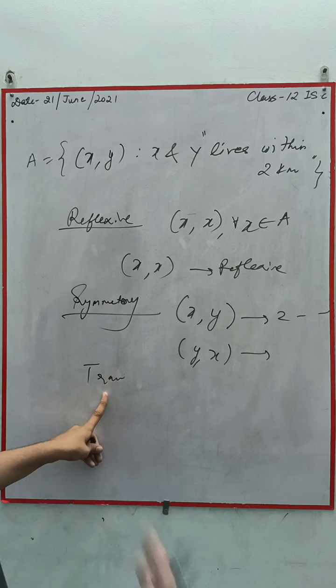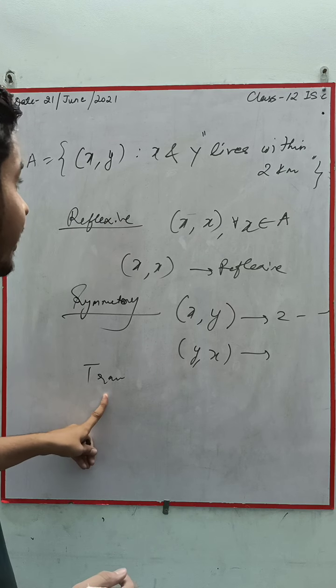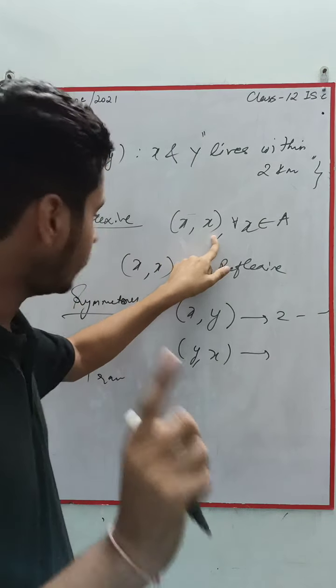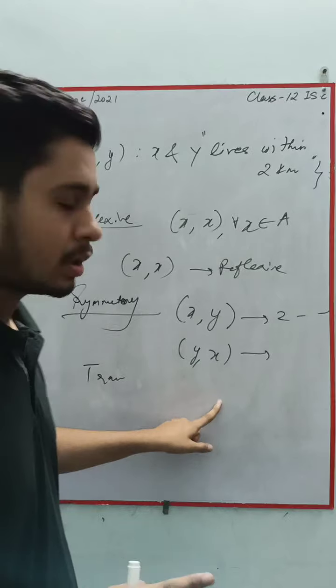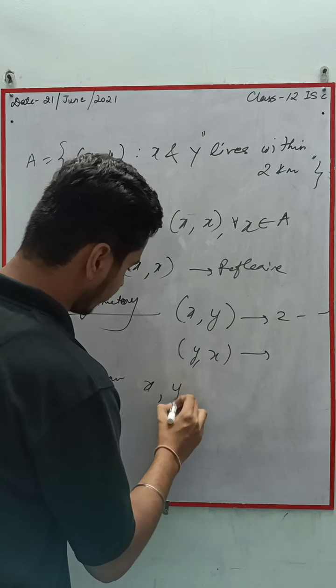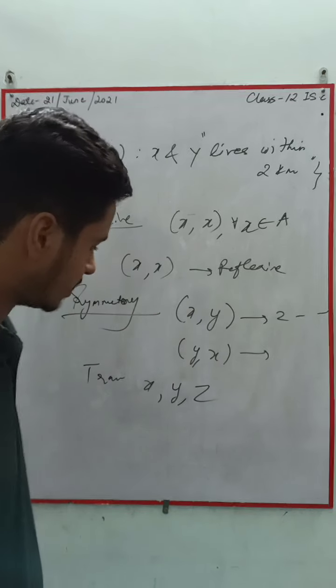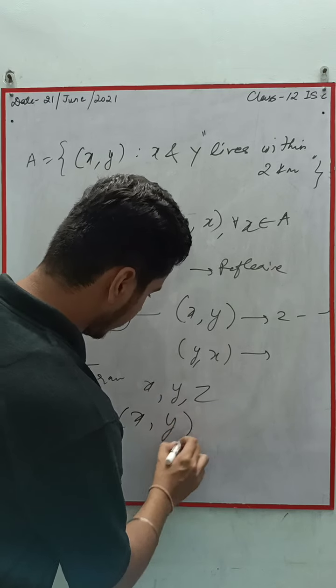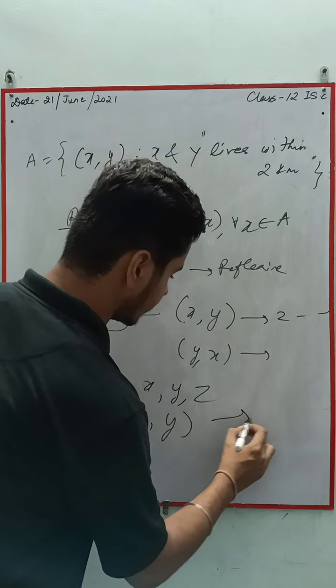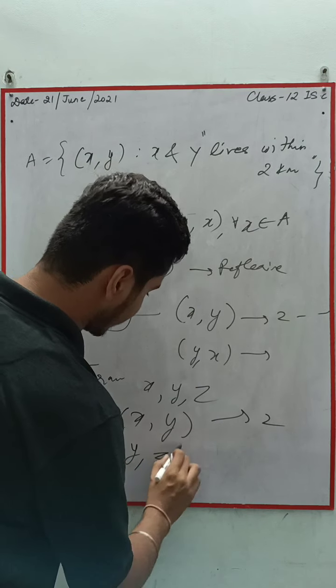Transitive, let's see for the transitive one. For that we need to take three elements, because for reflexive we always take one, for symmetric we need two, but for transitive we need three. So let's take z. We are taking these three elements x, y, and z. So x and y live within 2 kilometers. Then we need to take y, z.